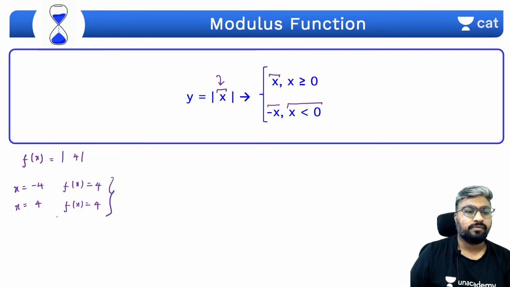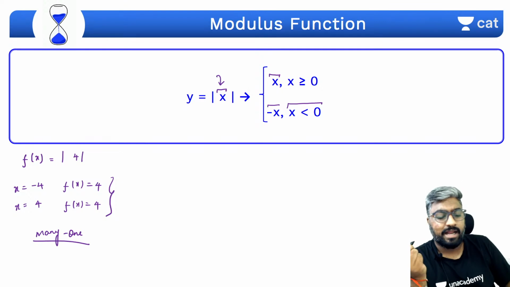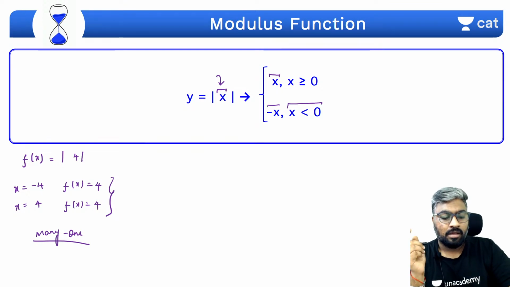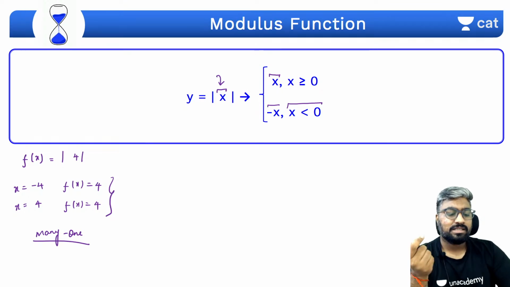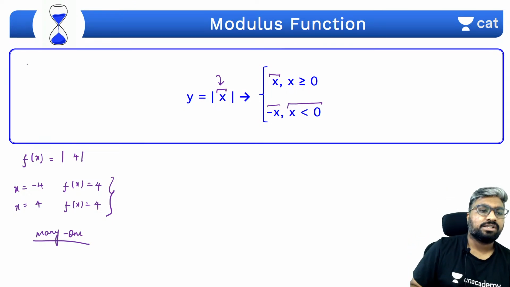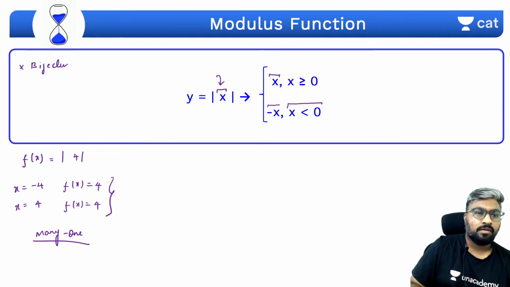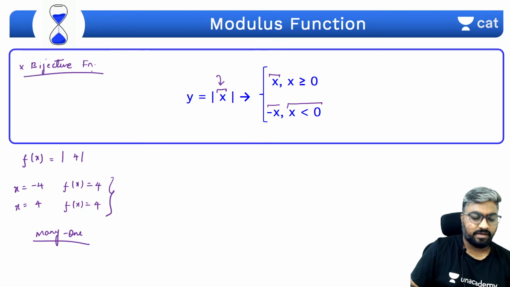So this is one of those many-to-one situations. One-to-many doesn't exist. Many-to-one situations where you have multiple values of input that give you the same output. So a modulus function is never a bijective function.